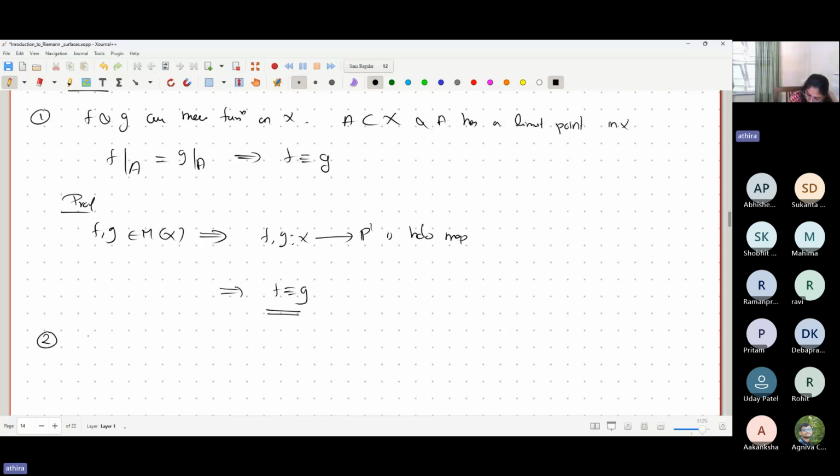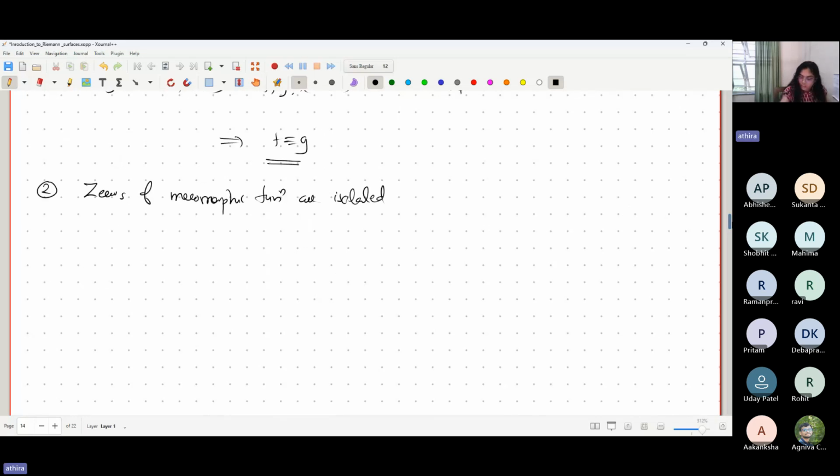Okay, next one is the zeros of a non-zero meromorphic function are isolated.